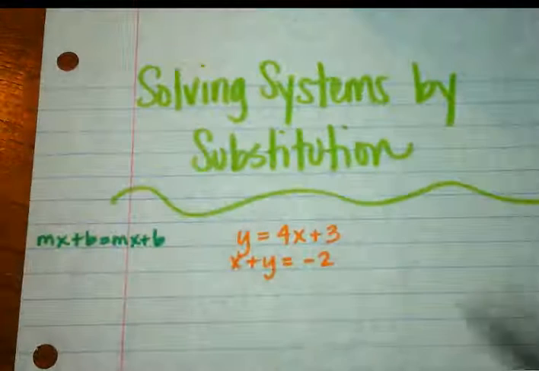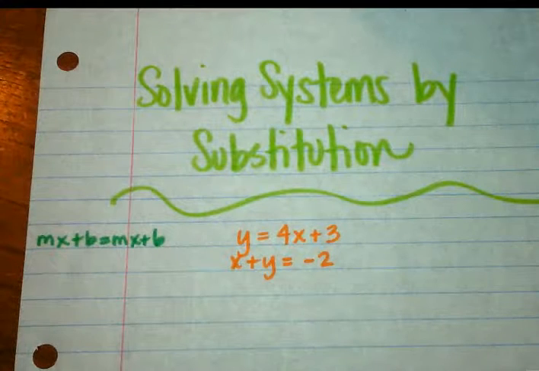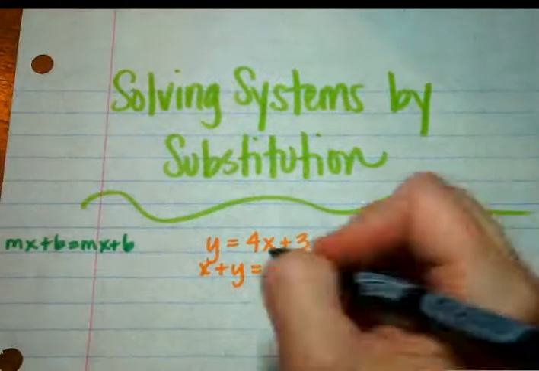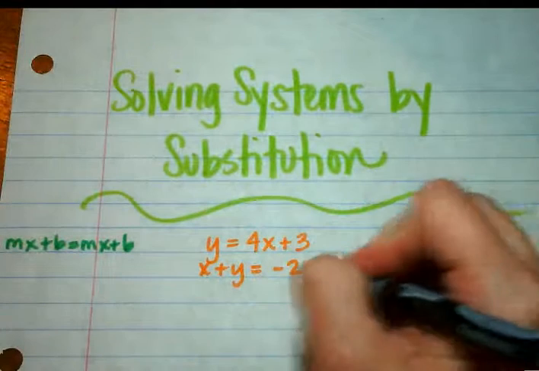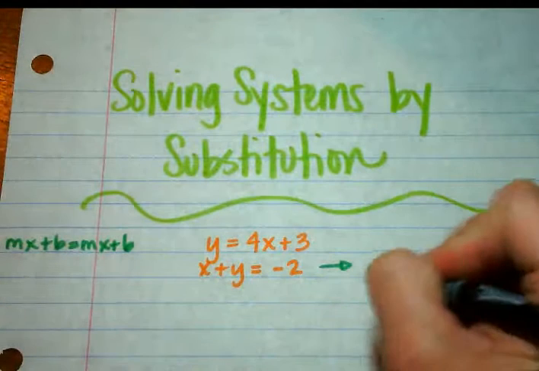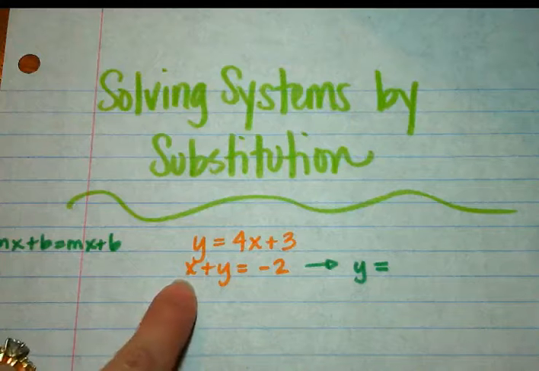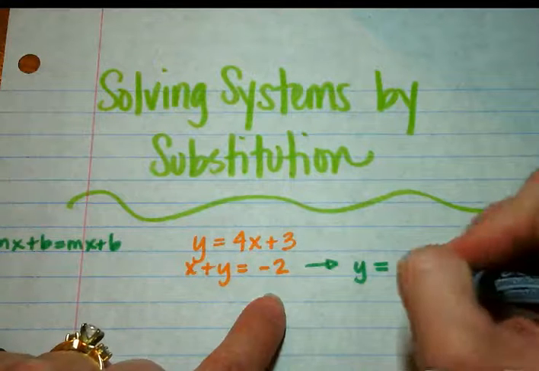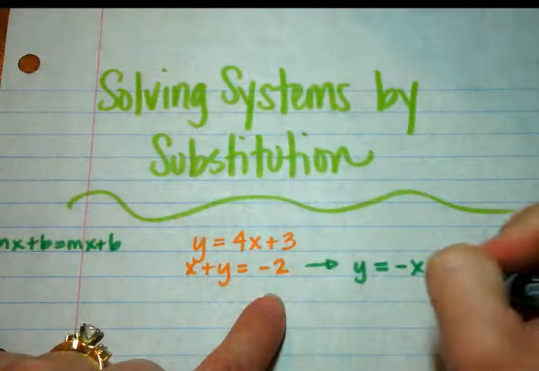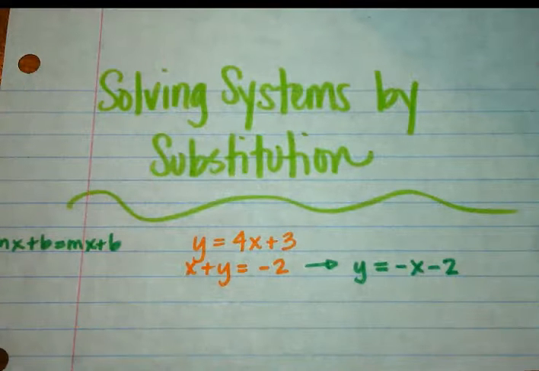So basically what you're going to do here is get both equations solved for y. This one's already done, we're good there, but we need to rewrite this one so that we have y equals mx plus b. So I need to get rid of this x, so I subtract x from both sides. We'll end up with negative x minus 2.